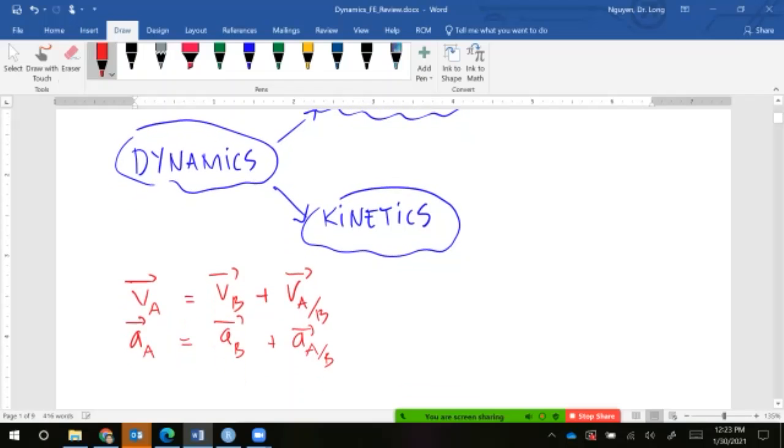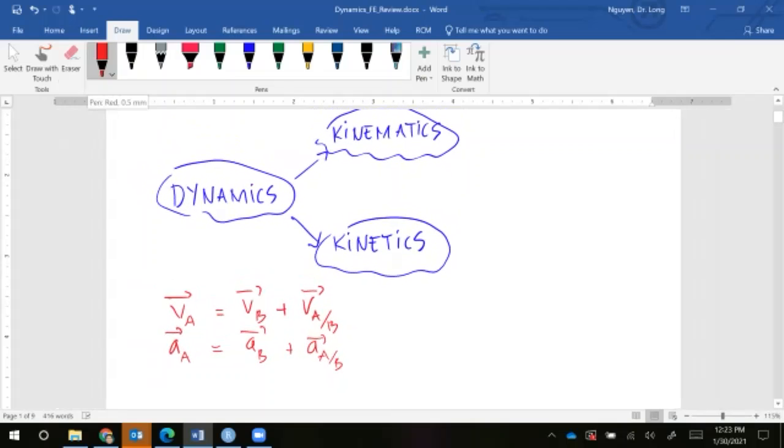There's something different, and that applies for both rigid body and particles. In this case, for acceleration, just something that sometimes we miss is the normal component of the acceleration when the body or the particle is moving in a curvilinear motion.